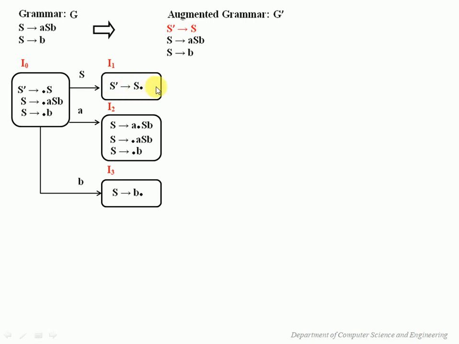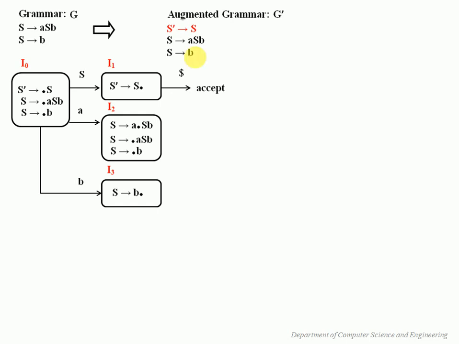This I1 is a special case, the only transition possible here is to have an acceptance. That will be done using the terminal symbol $, and you will accept.